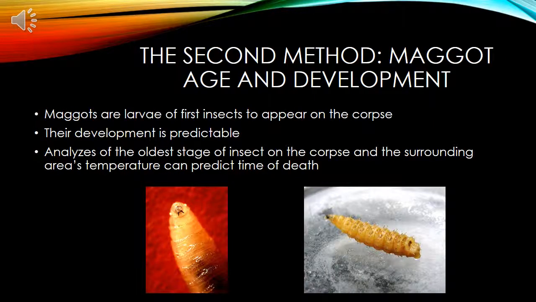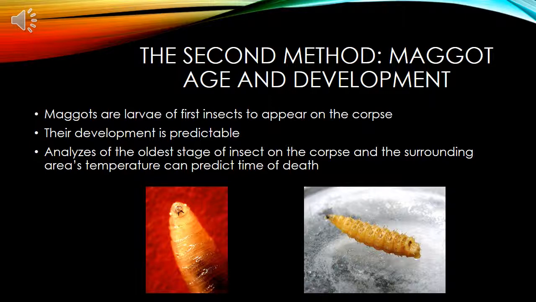The second method. Maggot age and development can give a date of death accurate to a day or less or a range of days. This can be used in the first few weeks after death. Maggots, the larvae or immature stages of Diptera, are used in this method because they are the first to arrive on the corpse. Calliphoridae flies lay their eggs on the corpse, usually in the wounds or any naturally occurring orifices.